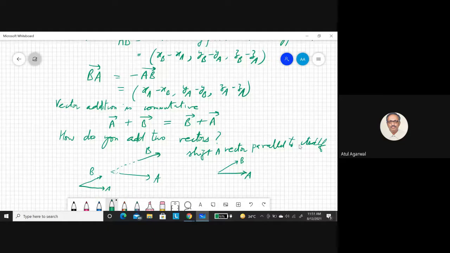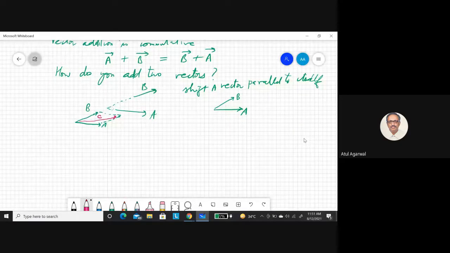Okay. So what is the vector sum? You find the parallelogram. You just draw a parallelogram using these two vectors as the sides. Then your output is represented by this diagonal. So this output C is the diagonal of the parallelogram.